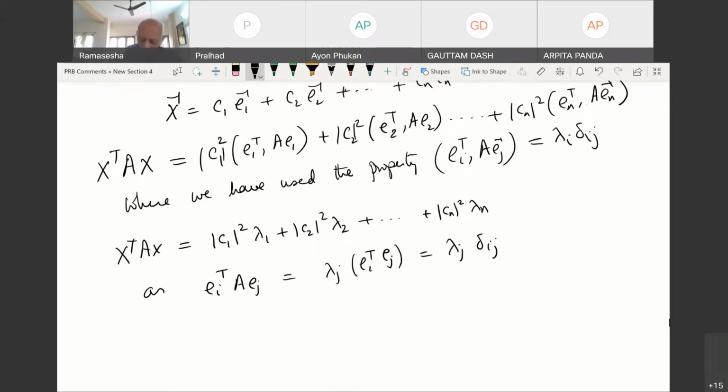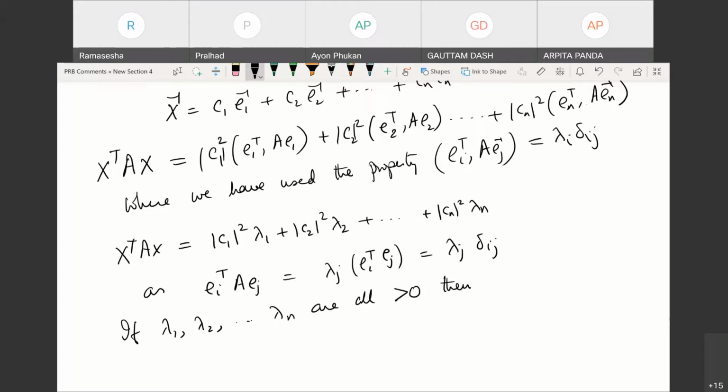Okay, so you see that if lambda 1, lambda 2, up to lambda n are all greater than 0, then the right hand side is greater than 0. And the right hand side is 0 only when x is equal to 0.